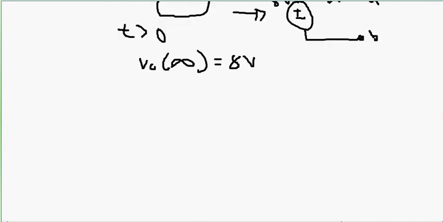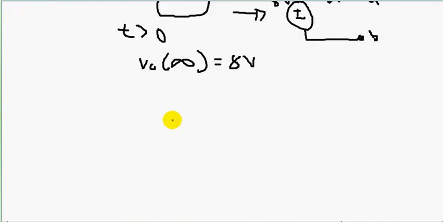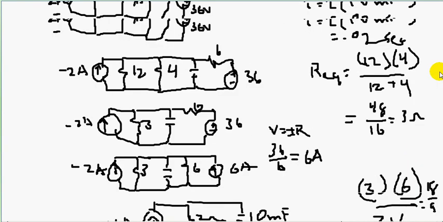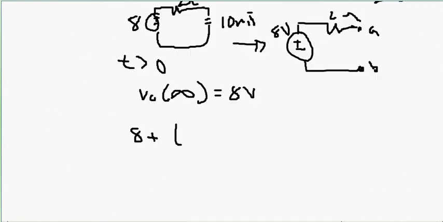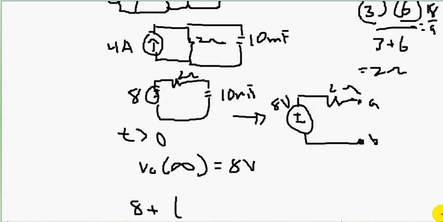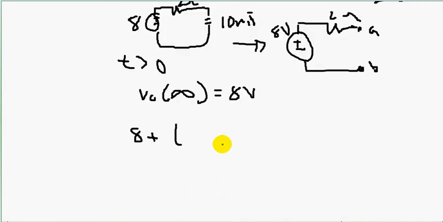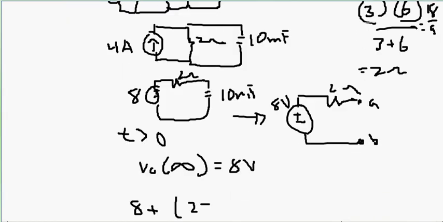Now when we rewrite it into our general solution, remember, it's our final value, 8, plus our initial value, which was 2 volts, minus our final value, which is 8 volts.